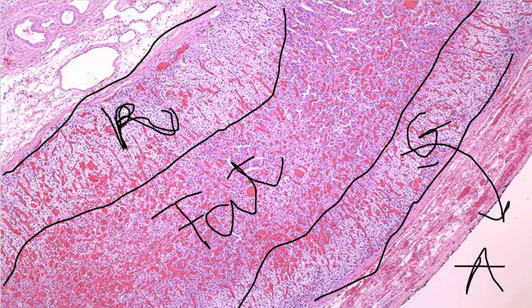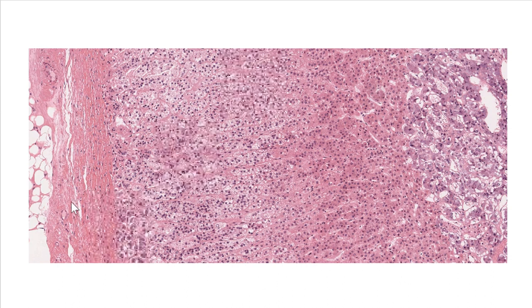So let's look at this one. This is a lot easier for me to see. I don't know about you, but this would be our medulla here. Medulla. Here's our reticularis.